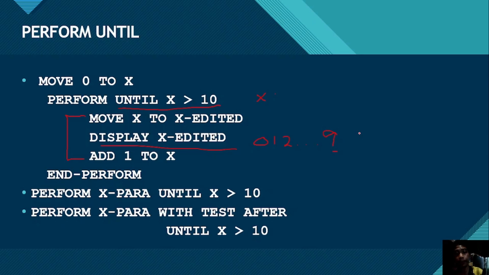So 10 would be printed out, and when 11 is greater than 10, it would exit the loop. So you can also use until x is greater than 10, or maybe with test after.